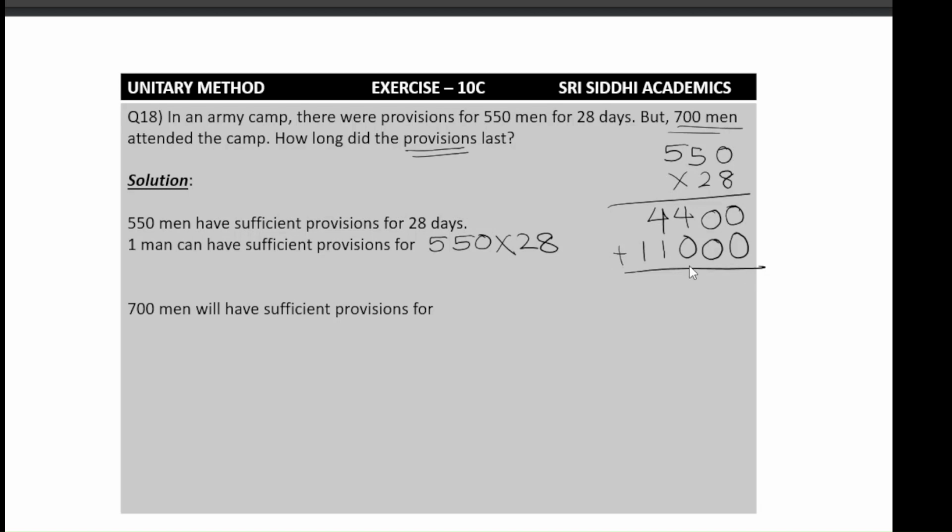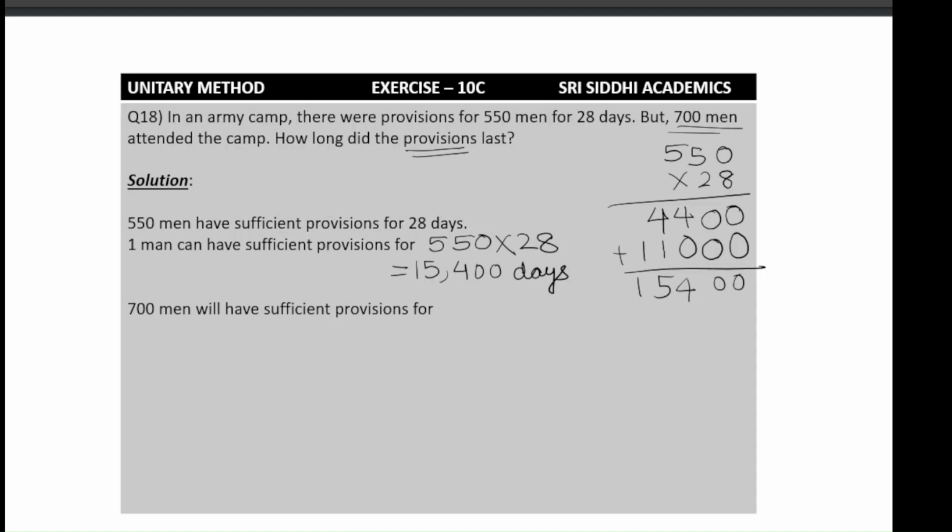Add it up: 15,400. So one man will take 15,400 days to consume all of the provisions that were there for 550 men.